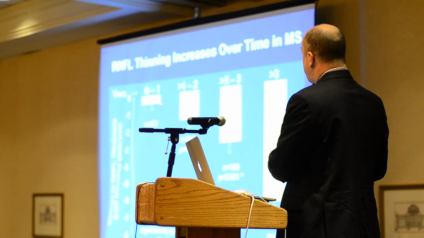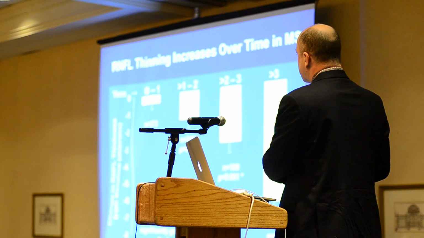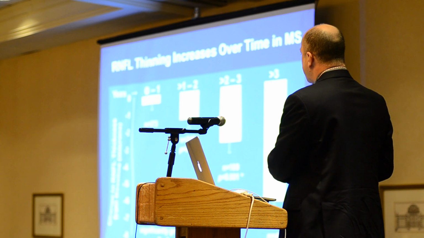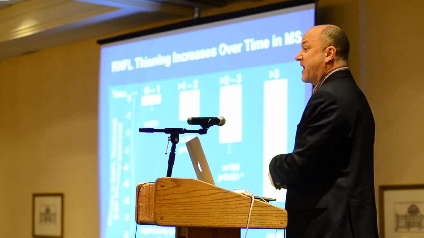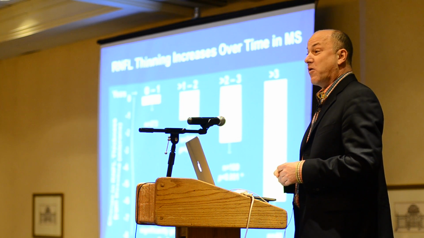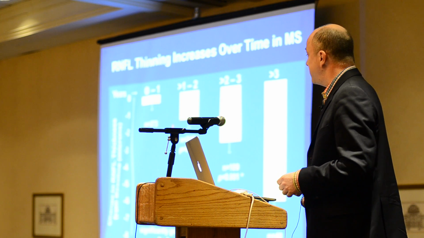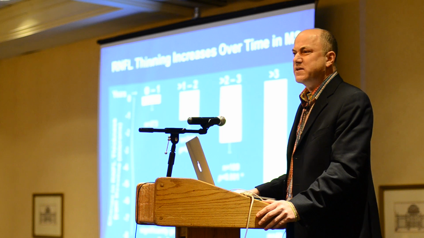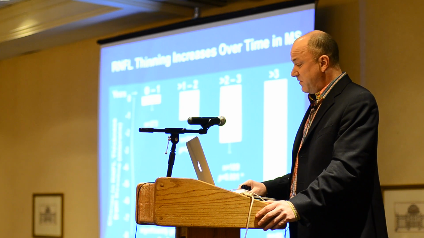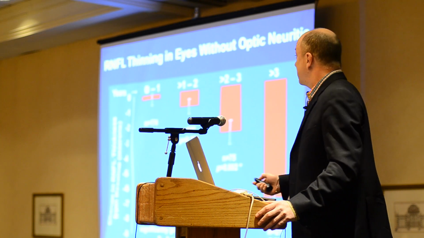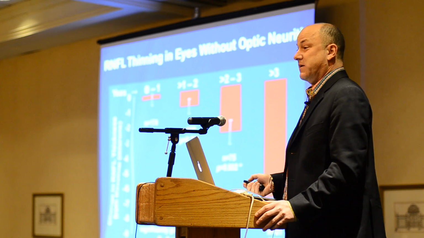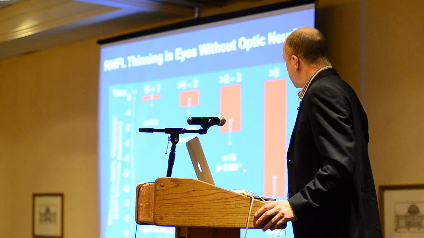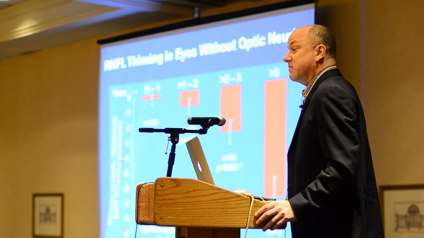And it ends up that the retinal nerve fiber layer thins over time. With 3 or more years, we can see up to 6 microns of loss in the OCT scan. You may say this is fine, but these are people having optic neuritis. Of course it's shrinking. Well, if we cull out those people who've never had optic neuritis, we still see this shrinkage over time.